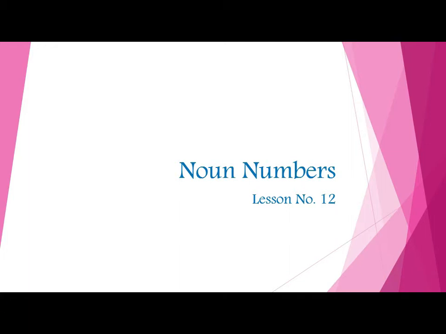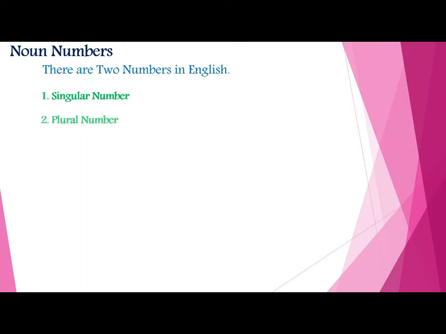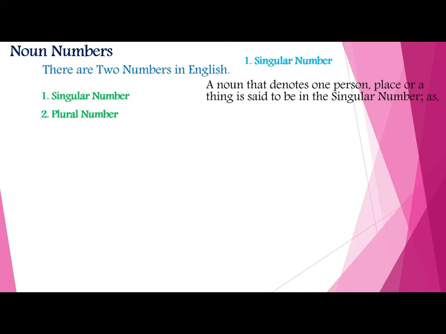Let's move to our lesson, noun numbers. There are two numbers in English: singular number and plural number. Singular number is defined as: a noun that denotes one person, place, or thing is said to be in the singular number.